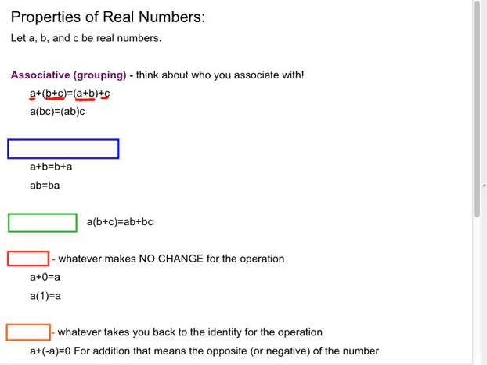The value remains consistent. That's what this property says, is for addition and multiplication, it doesn't matter how you do your grouping, whether you add A with the B and the C, or you add the A and the B with the C, it doesn't matter, you're going to get the same value. So that's what the associative property says.